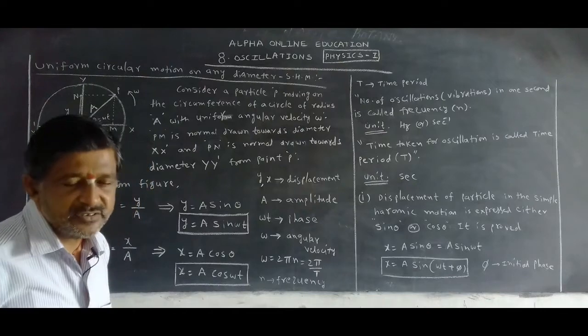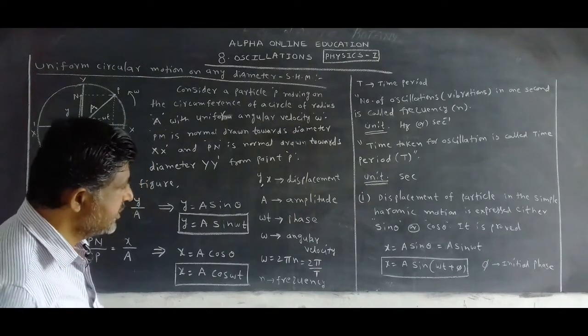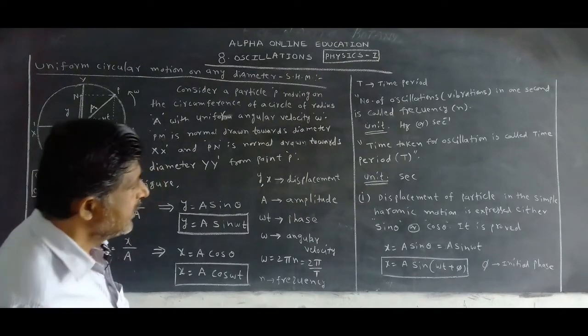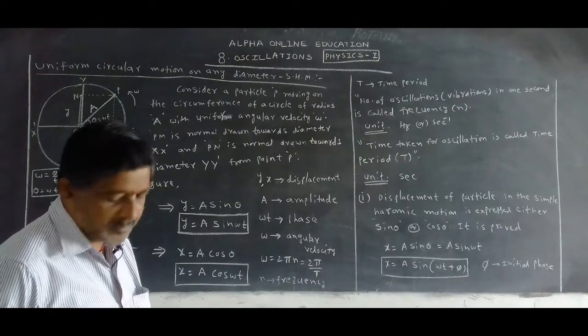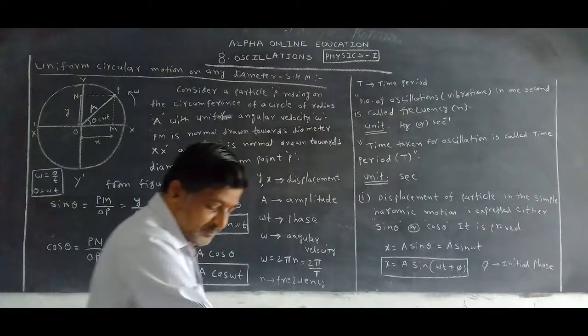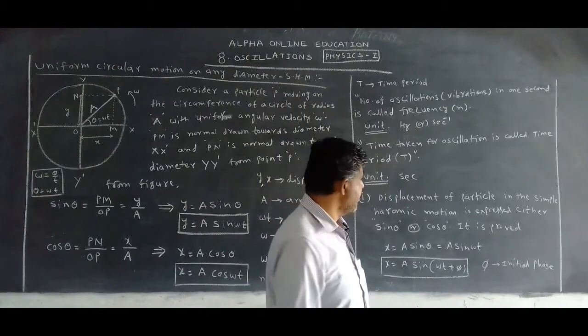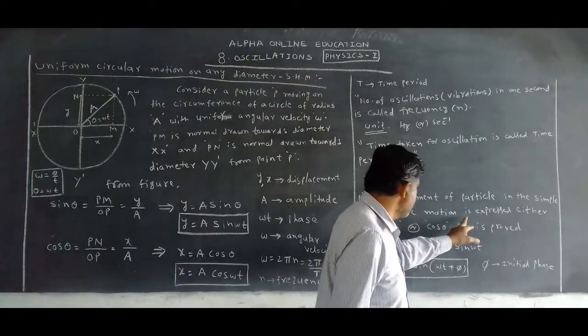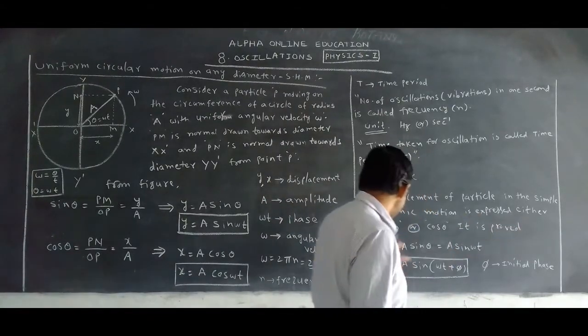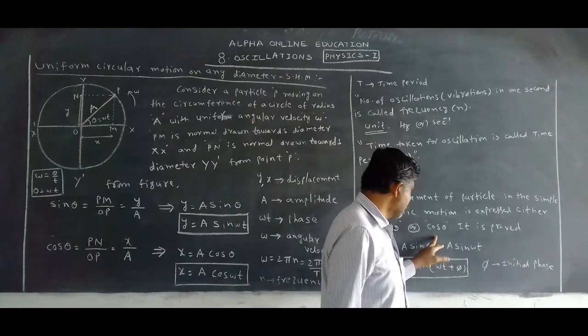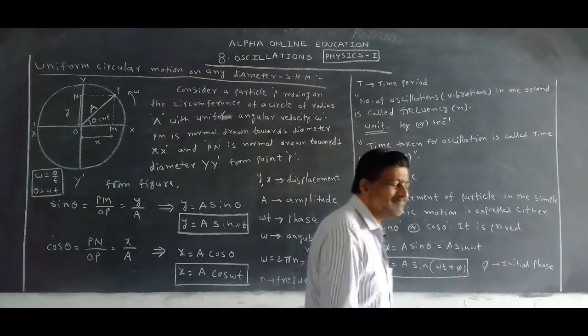Okay. Now we discuss the displacement of the particle in simple harmonic motion. Displacement of the particle in SHM is expressed as either sin theta or cos theta. Now it is proved.